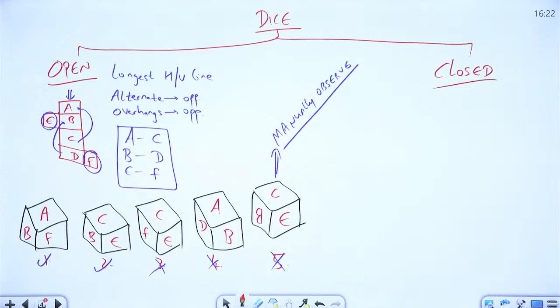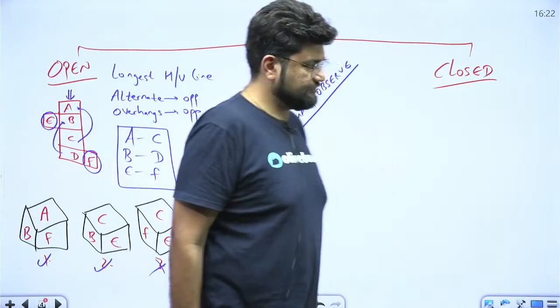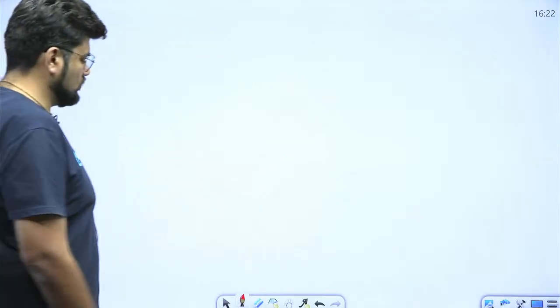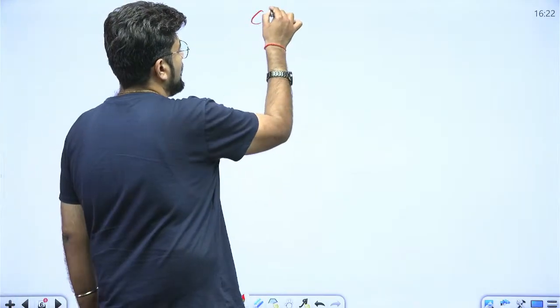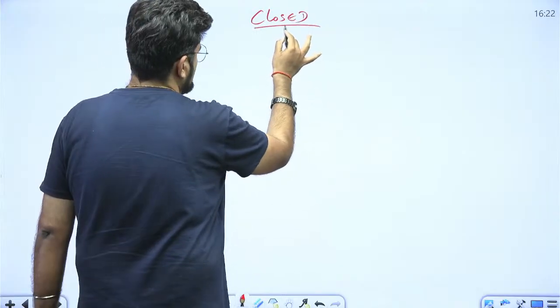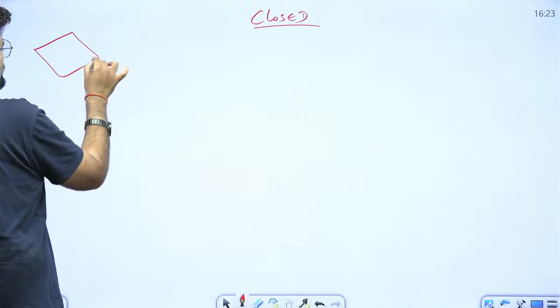Now let's move on to the next part, which is closed dice. Under the category of closed dice, what happens is there may be multiple dice given to you.